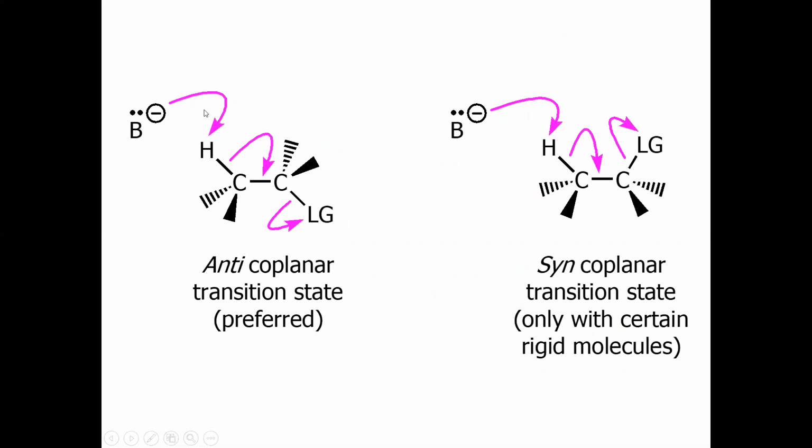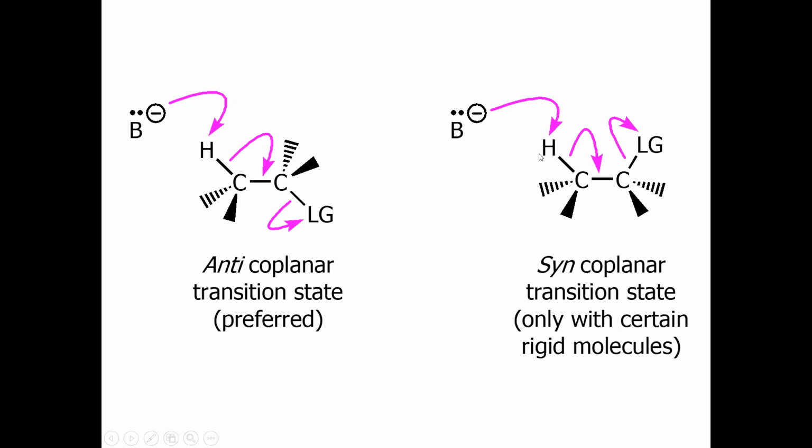The base removes the proton and this bond will collapse here, and this leaving group, which is the halide, they are opposite to each other, almost 180 degrees away. So this is the preferred transition state and this is known as anticoplanar. Of course, they are in a plane, but the attacking group and the leaving group are on the anti side, the opposite side.